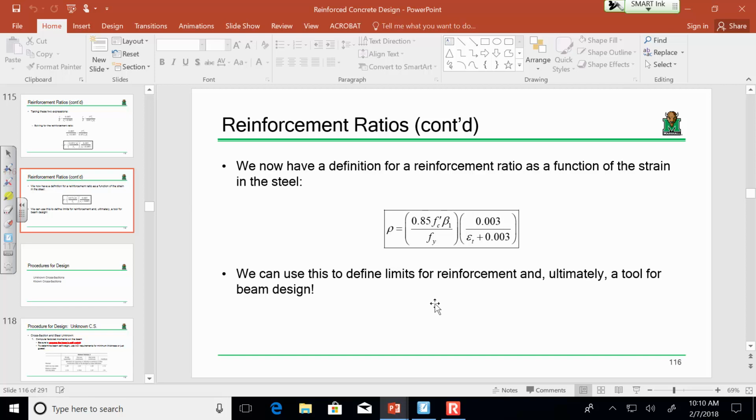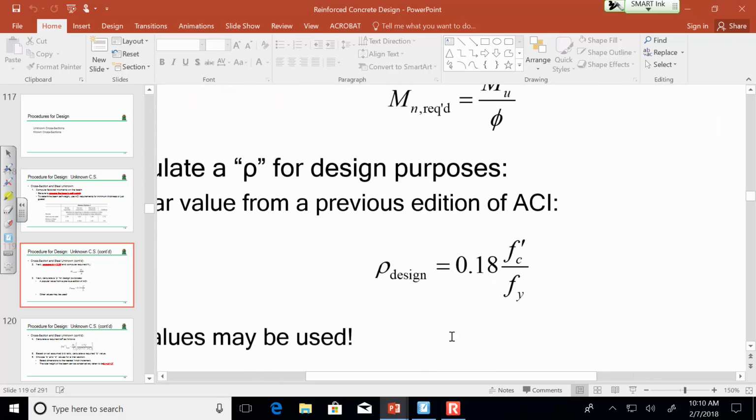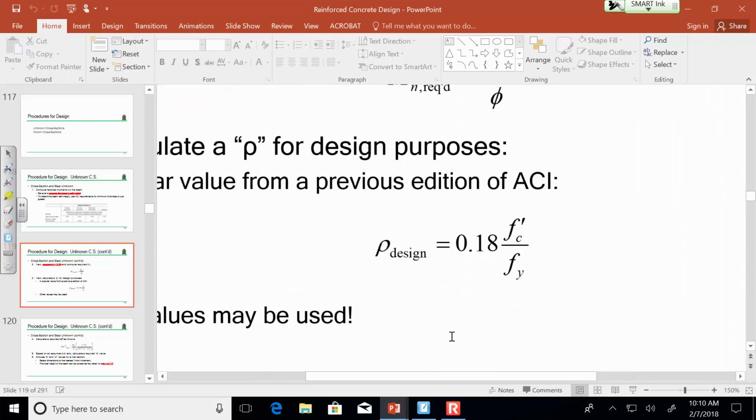A simpler way of going about it is to just use this value, this rho design value. And unless otherwise noted, I would go with this. It's simple, it's straightforward, and it works pretty well.